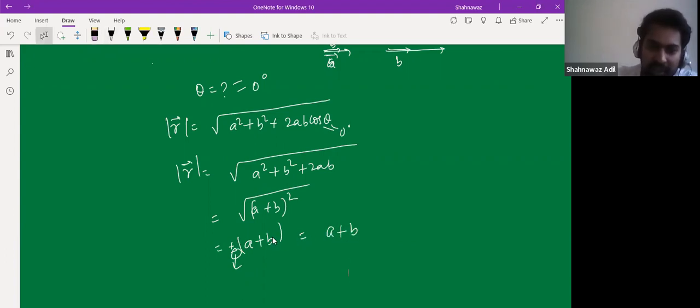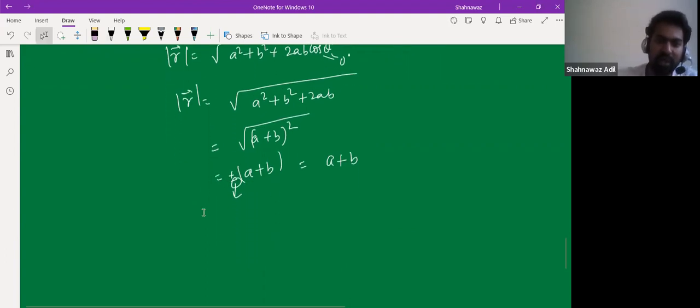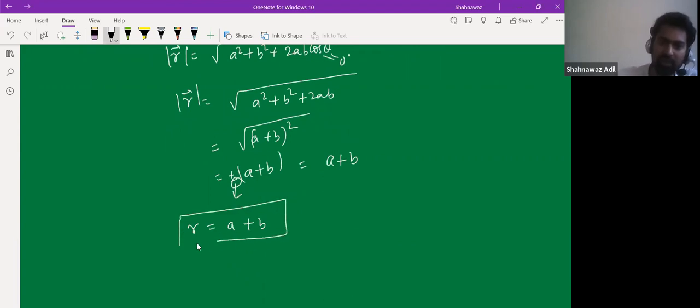So in case of parallel vectors, your resultant is simply the addition of the magnitudes of the two vectors. Understood? And you already know that the angle is again zero degree. So the direction will be the same, and the resultant direction is the same.